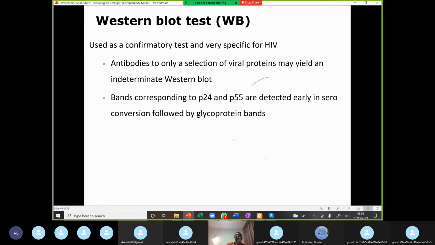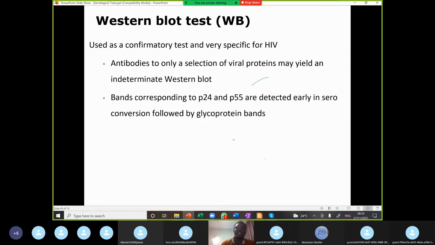So the next procedure is Western blotting. Western blotting is used to test the specific binding of proteins, and is more commonly applied in HIV diagnosis to test for the presence of P24 or P55 proteins.